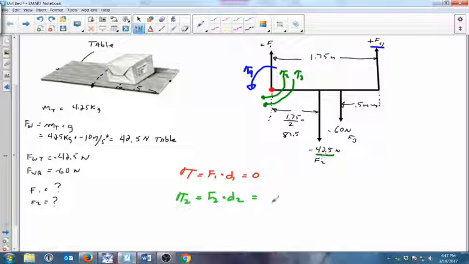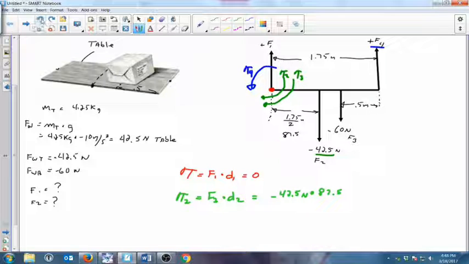Well, there's our torque 2. It's a minus 42.5 newtons times, what's the distance? Oh, it's 87.5. I'm sorry, 0.875. Ooh, don't let me get away with that. That should have been 0.875. Let me just back up and fix that.